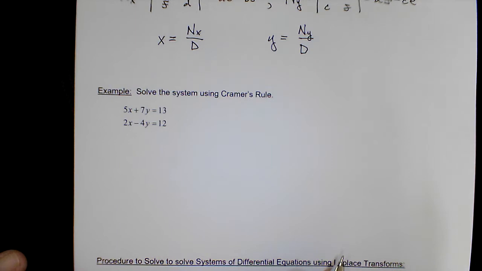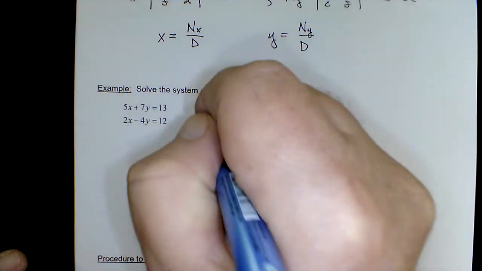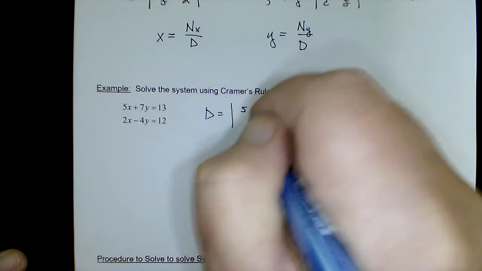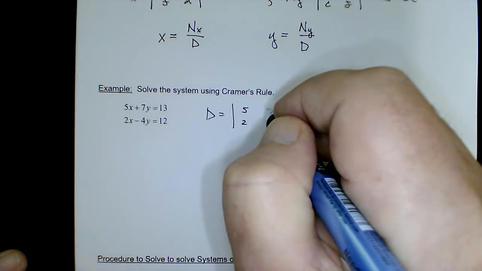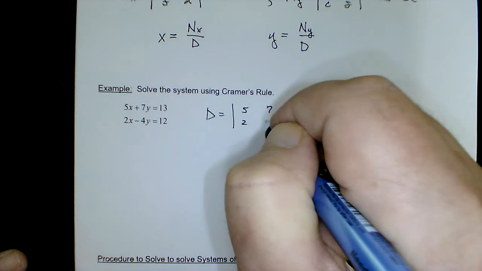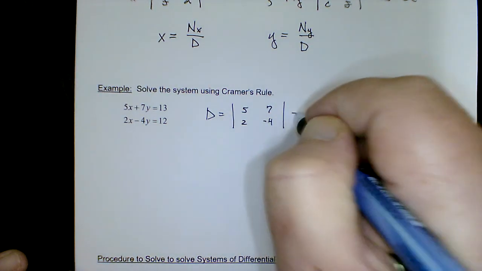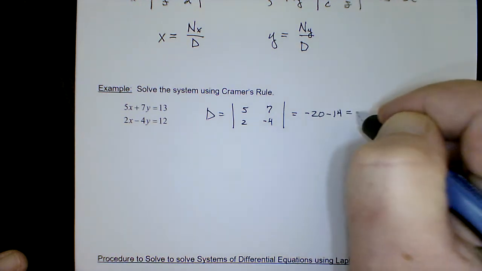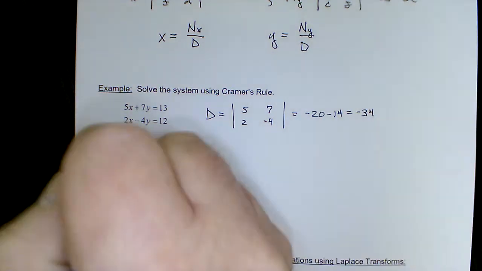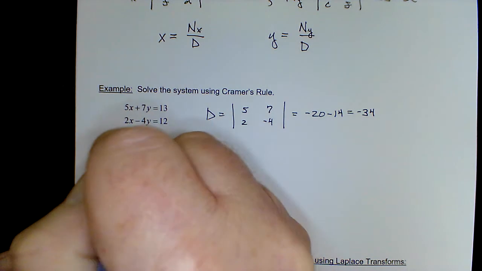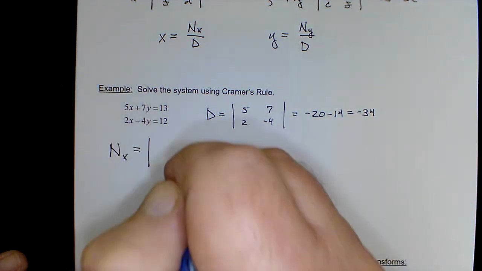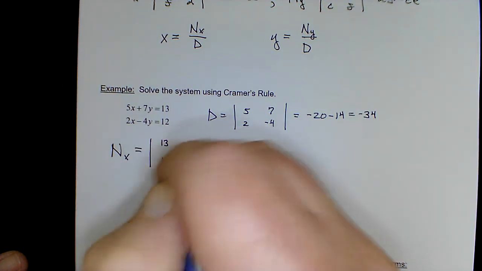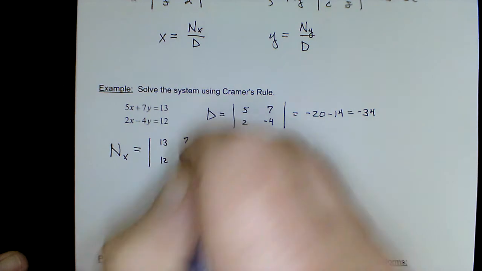So as a specific example, we'll calculate the denominator first, which again, it's in standard form here. Peel off the coefficients of the x, 5 and 2, coefficients of the y, 7, negative 4. Calculate the determinant, we get negative 20 minus 14, or negative 34. And then for n sub x, it's going to be replace the x's by the solutions, 13, 12, and leave the y's, 7, negative 4.